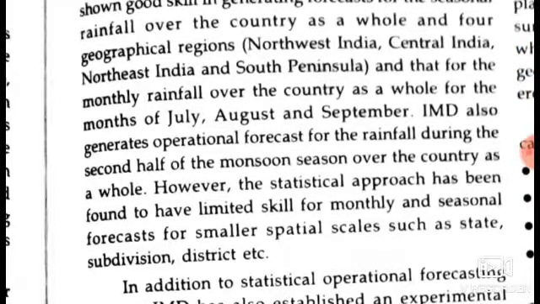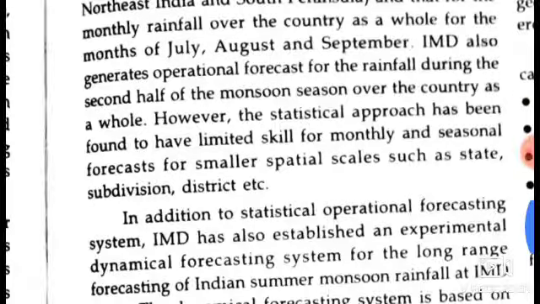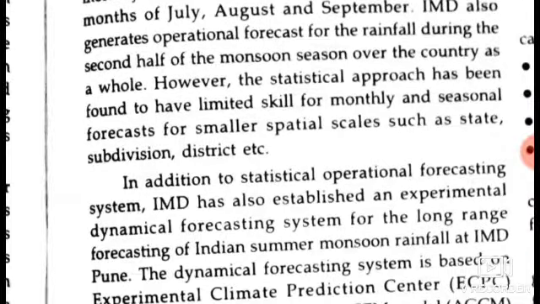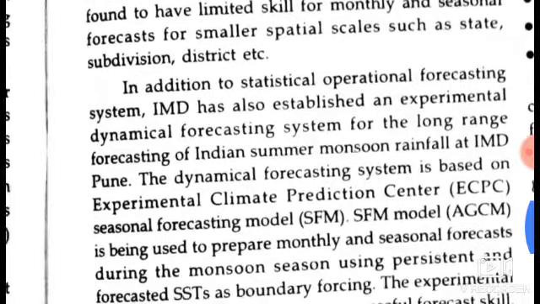IMD also generates operational forecasts for the rainfall during the second half of the monsoon season over the country as a whole. However, the statistical approach has been found to have limited skill for monthly and seasonal forecasts for smaller spatial scales such as state, subdivision, district, etc.